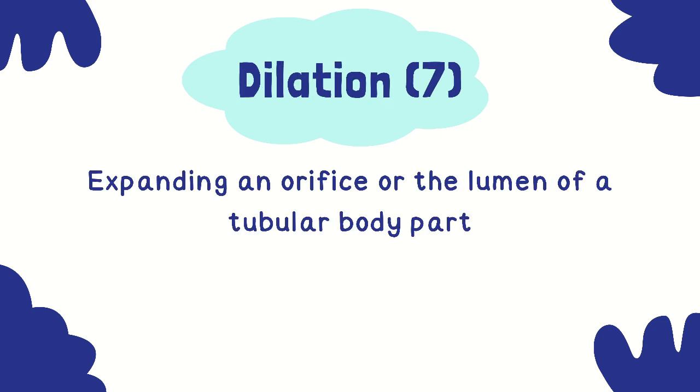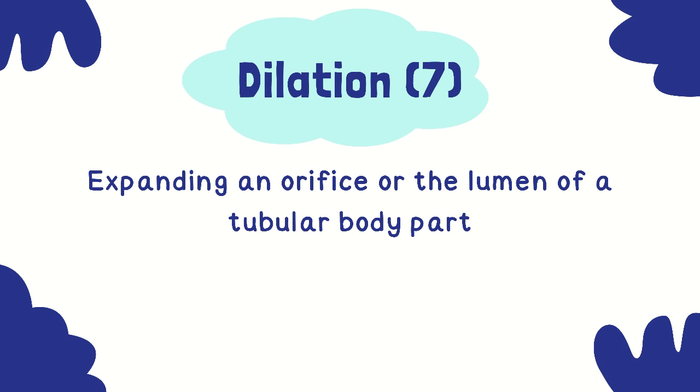All right, so next up we have dilation, expanding an orifice or the lumen of a tubular body part. The objective of dilation is opposite of that of a restriction or occlusion. Dilation involves making the orifice or the lumen larger instead of smaller.